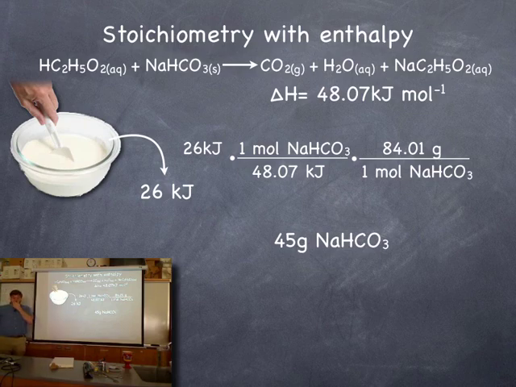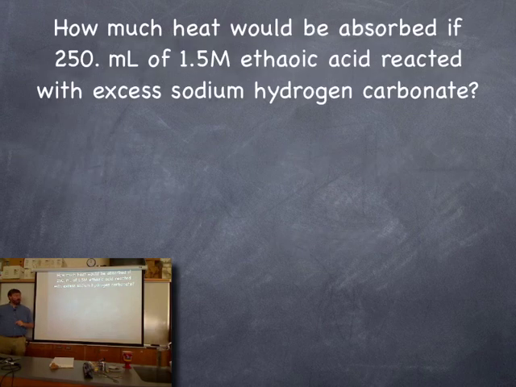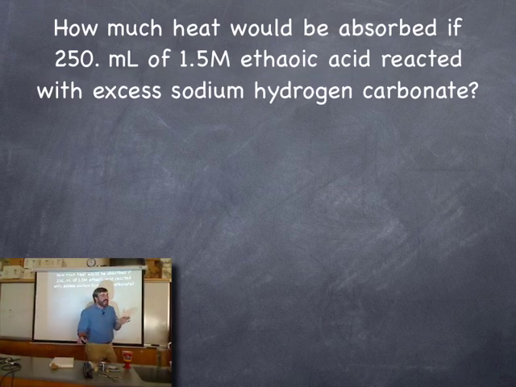All right, so I'm going to ask you to do a problem now. I want you to calculate how much heat would be absorbed if 250 milliliters of 1.5 molar ethanoic acid reacted with excess sodium hydrogen carbonate, excess baking soda. So there's no limiting reactant problem yet.